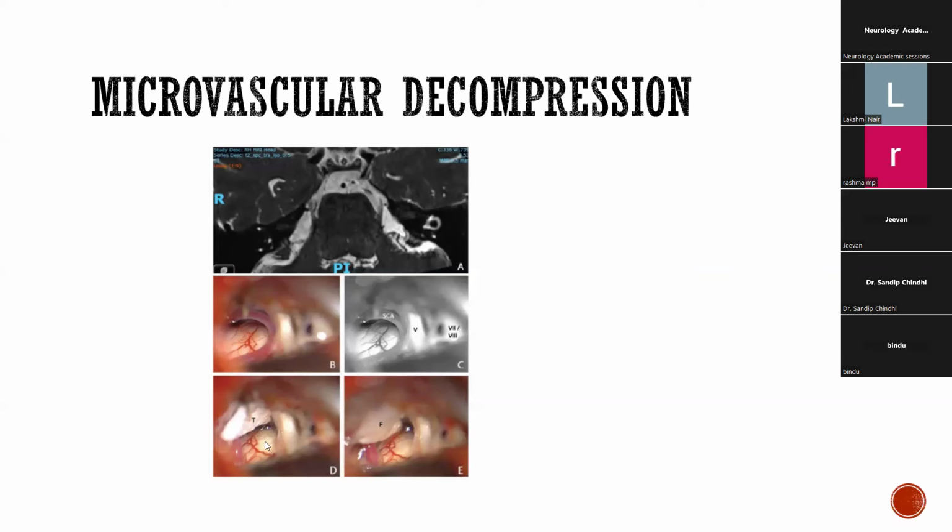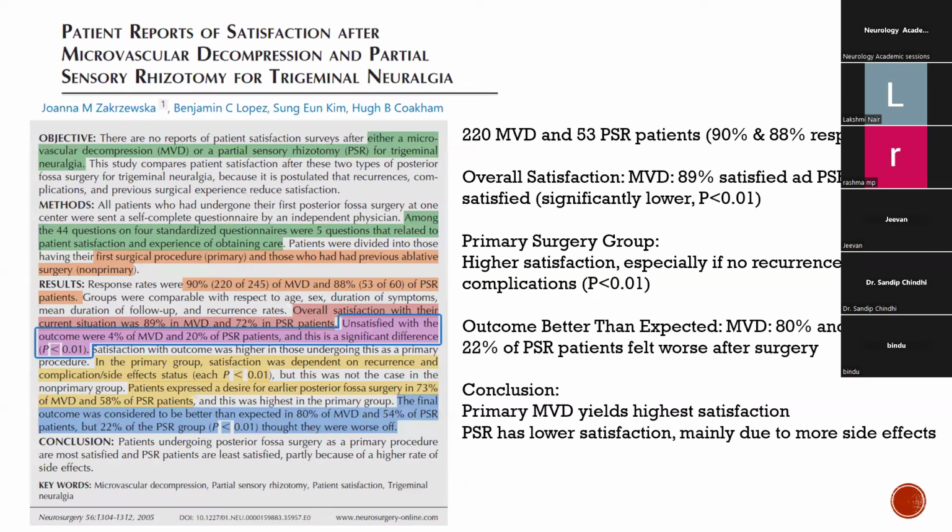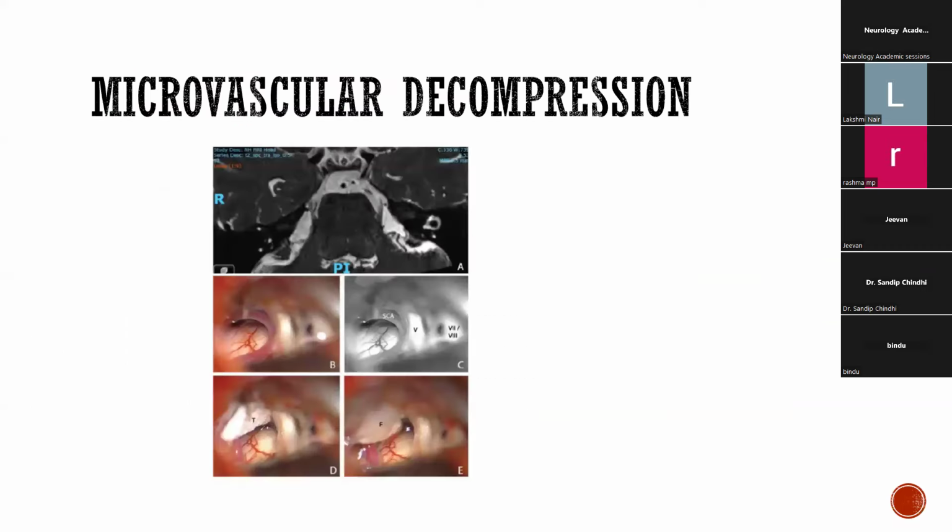After the surgery, they have separated the artery from the trigeminal nerve. A gauze piece, or gel foam, will be kept in between.